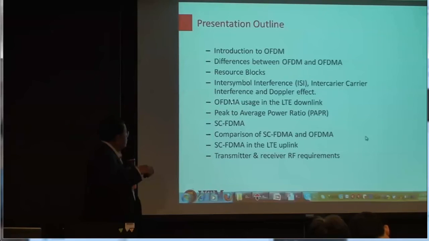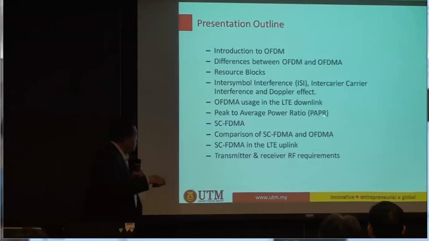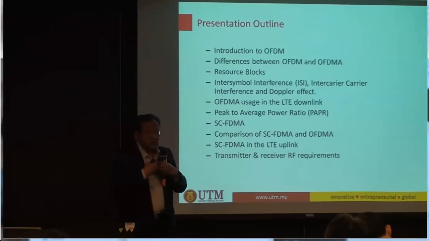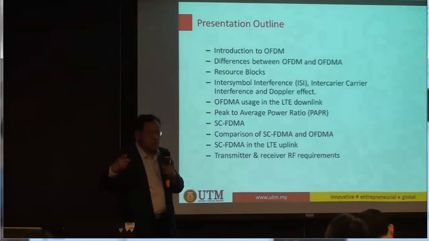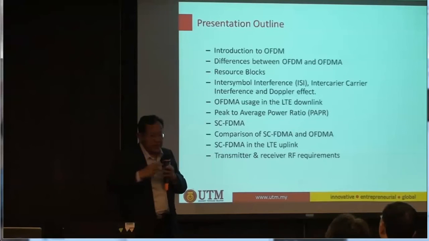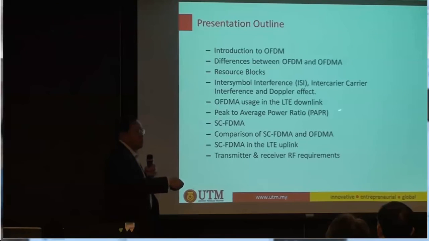Okay, we will see that OFDMA is used only for downlink. As I mentioned to you, the problem is the PAPR, because OFDM means you are adding a lot of multi-carriers. Within 1 MHz to 5 MHz, you might have more than 100 sub-carriers. So when you combine them together at the receiver, there might be some peaks, where they add constructively. So that's what we call peak to average power ratio.